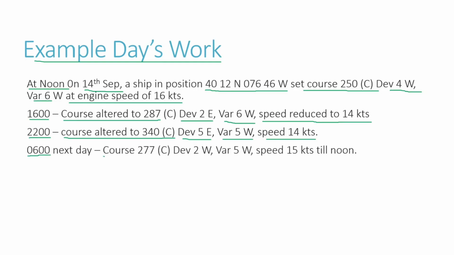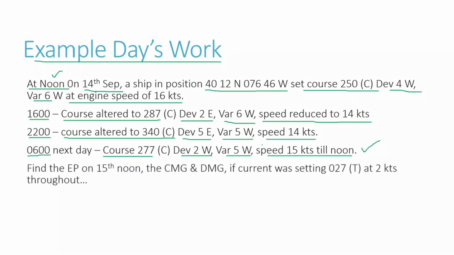At 0600, the course is altered to 277, deviation 2 degrees west, variation 5 degrees west, speed 15 knots, till the next day noon. So these are all the courses and speeds maintained by the ship from one day noon to the next day noon. This is how the question will be given to us in a text format.